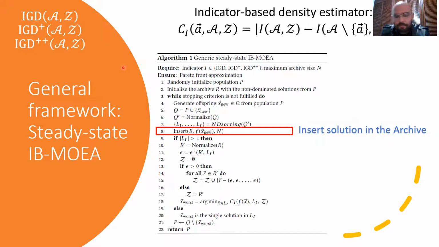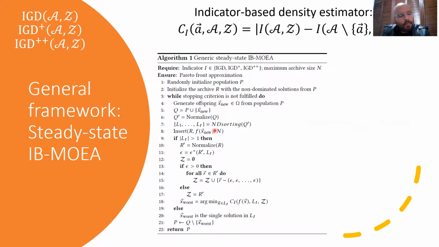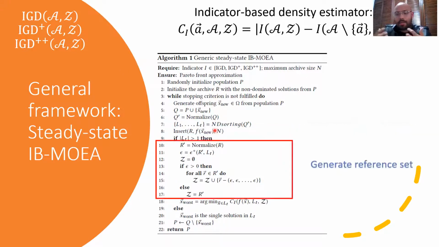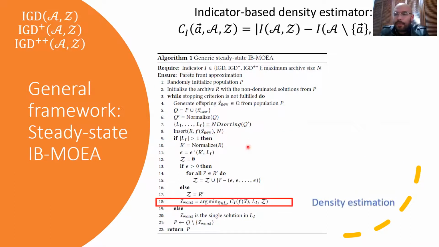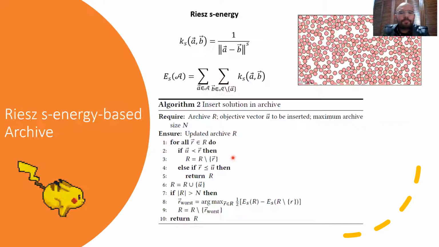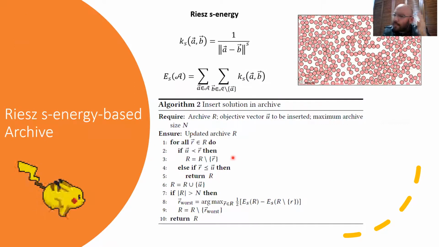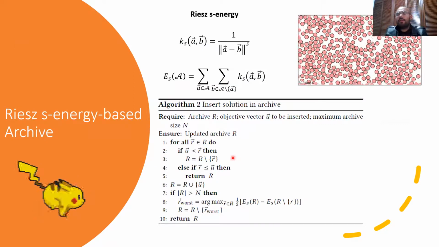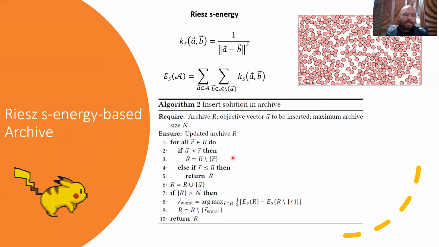So we will generate the reference set using this archive. And finally, we will execute the density estimation using IGD, IGD+, and IGD++, and also the archive previously defined. The archive is very important here because we will generate a good reference set.